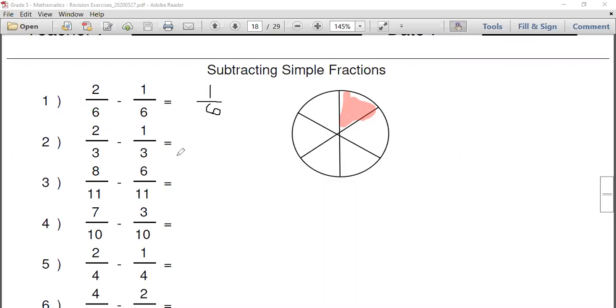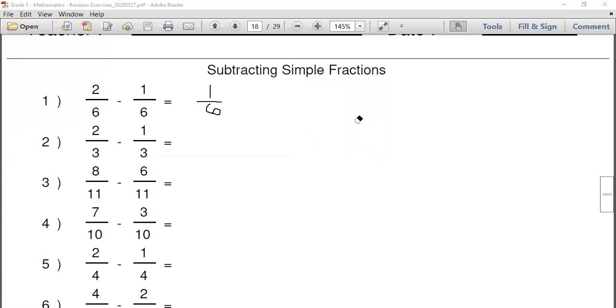If we look at number 2, we start with 2/3. Here's my 1/3, and here's my second third, and now I'm taking away 1/3, so I'm only left with 1/3. Got that.